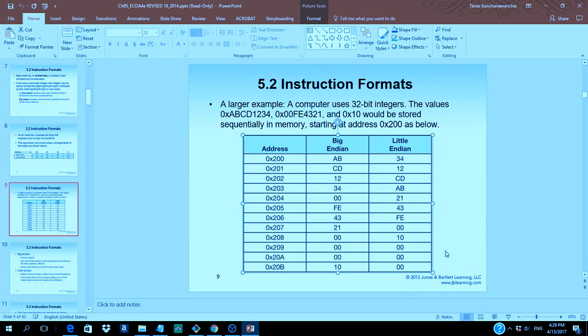This is 32-bit integers, so it should be clear. So word boundary means, this is for each word, right? And there's a boundary between the words, right?